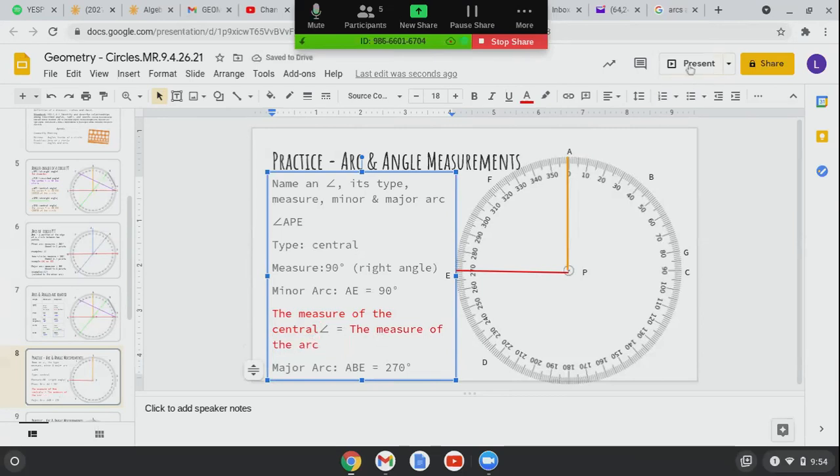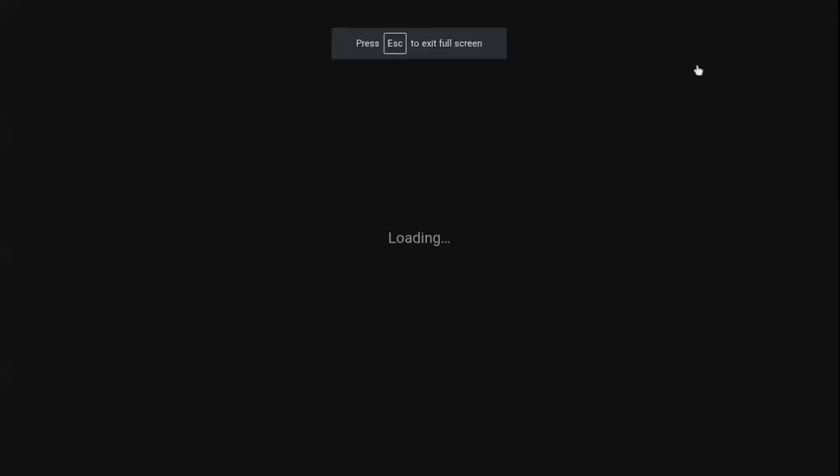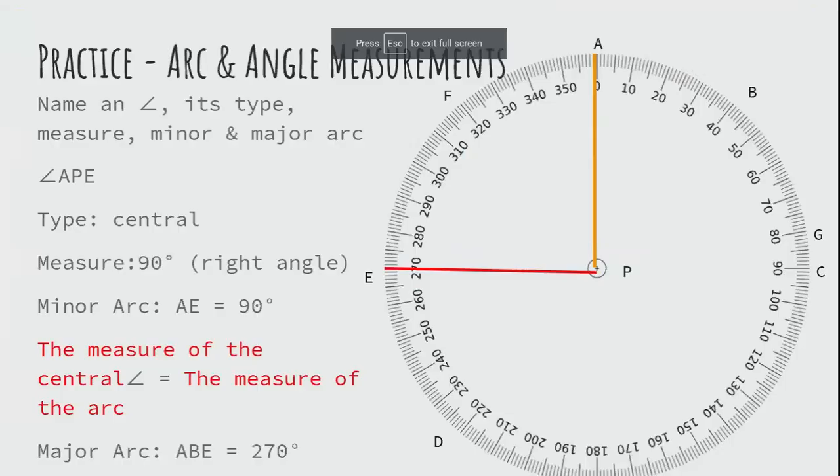All right, so here again, we see the measure. Because this is a central angle, the arc has the same measure. Okay, so this is a central angle. It is a right angle, which is 90 degrees, and we found that the measure of the arc is also 90 degrees.